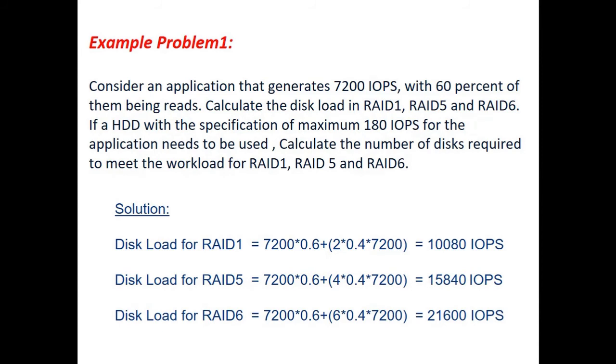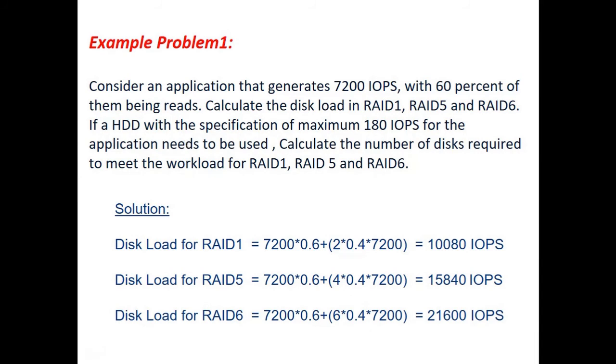We need to compute the disk load in RAID 1, RAID 5 and RAID 6. They've also asked one more thing: if a hard disk drive with a specification of 180 IOPS for the application needs to be used, calculate the number of disks to meet the workload for RAID 1, RAID 5 and RAID 6. So two things we are supposed to compute for these three RAID levels. We need to compute the disk load as well as the number of hard disk drives that are required.